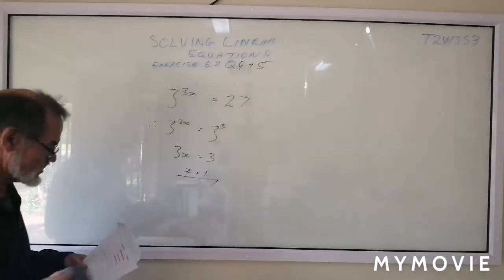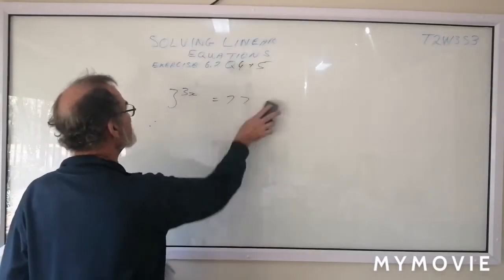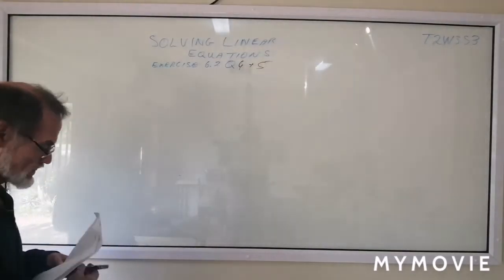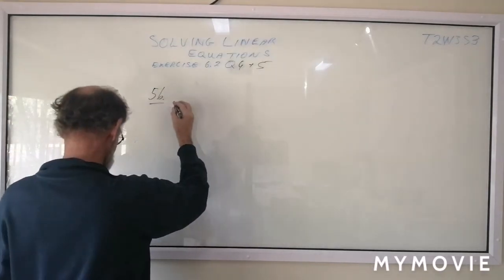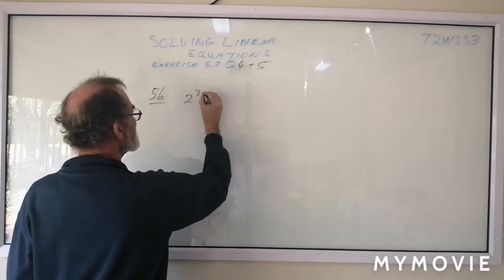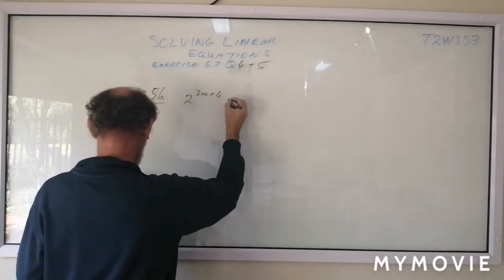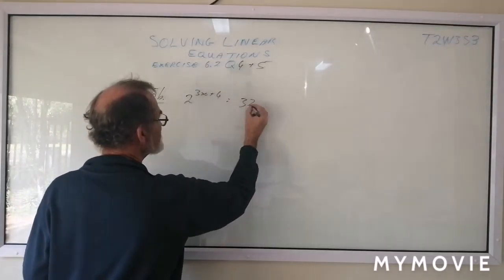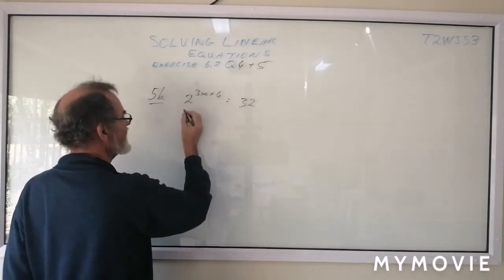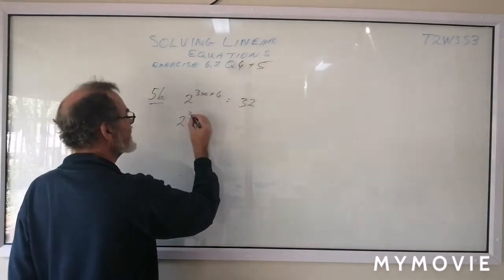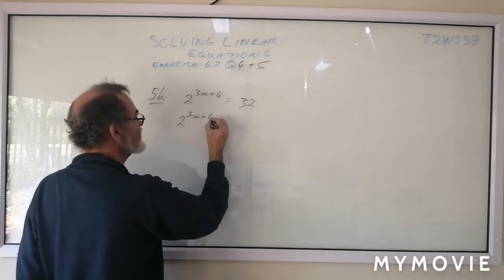Okay? We move on to 5b. 5b, we've got 2 to the power of 3x plus 4 is equal to 32. Same thing again, this is a prime number, so we just rewrite it, 3x plus 4.